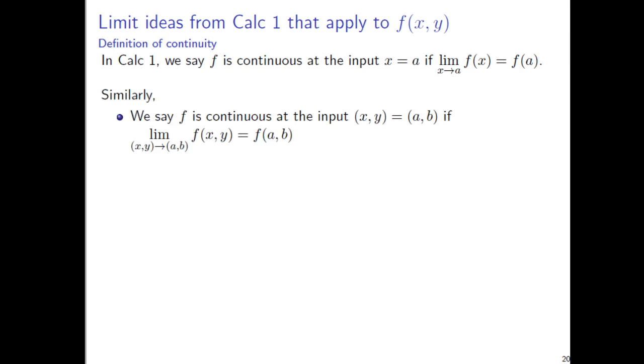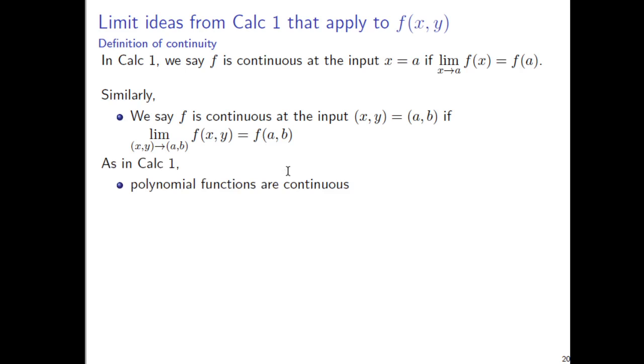Similarly, we can now define what it means for a function with two input variables, x and y, to be continuous. We say that f is continuous at a comma b if the limit of the function as x comma y approaches a comma b equals the actual output, the actual z value, the algebra problem of f of a comma b.